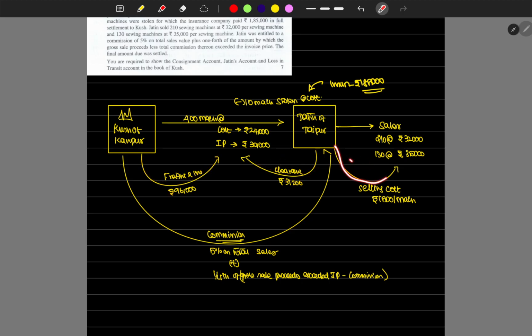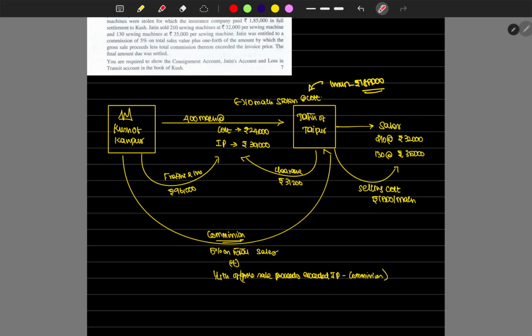For every machine sold, Jatin spent 1,500 as selling cost, and he sold 210 machines at rupees 32,000 and 130 machines at 35,000. During transit, 10 machines were stolen, and the insurance company paid 1,80,000 as the claim amount.